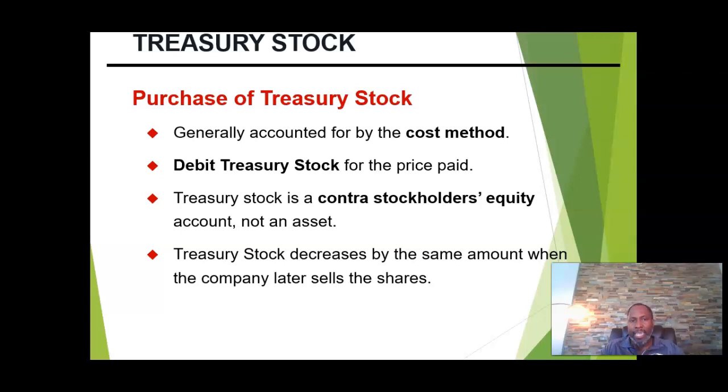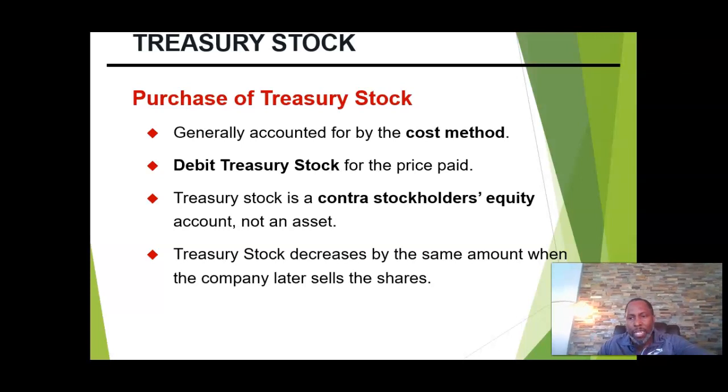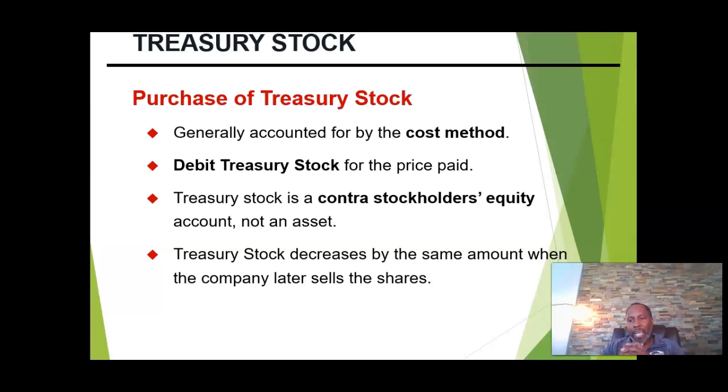So treasury stock is a contra stockholders equity account. It is going to reduce the total of your stockholders equity. That's because stock, which was sold to the stockholder, has now been reacquired by the company, henceforth reducing the total of their stockholders equity section.